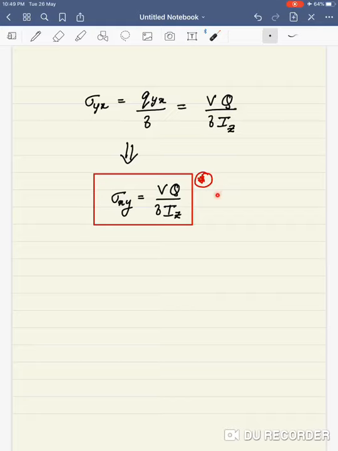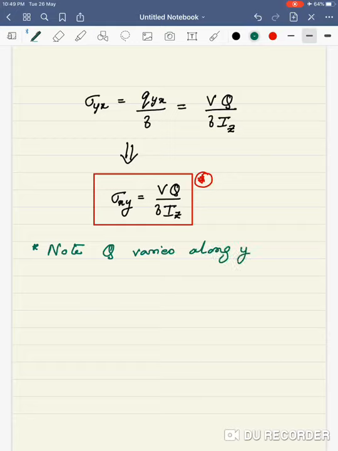And this quantity Q actually varies along y. So note that Q varies along y, which automatically implies that the shear stress varies along y. And what happens at the very edges? At the very edges, Q is going to be 0, right?